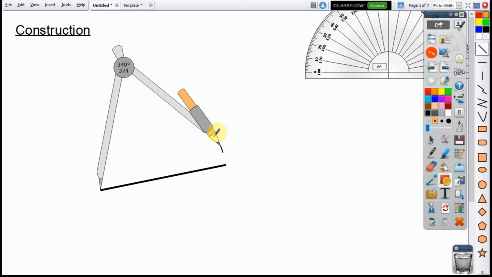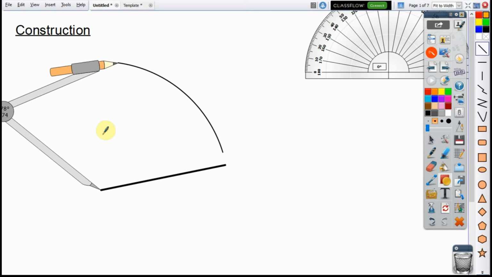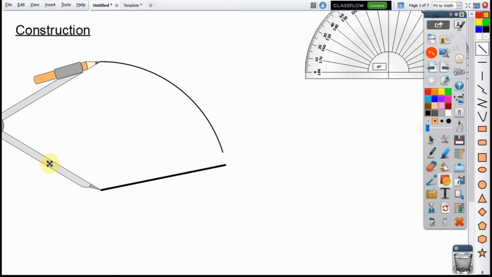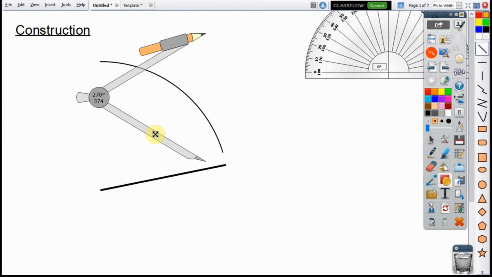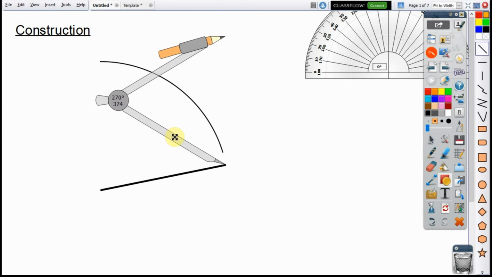Now, to produce an equilateral triangle, all we have to do is draw a decent sized arc from that end and then again from this end. Now, the neat thing about the first arc is that all the points on that arc are equidistant from here. And if I draw another arc, then all of these points on the second arc will be equidistant from the right-hand side of my original line.